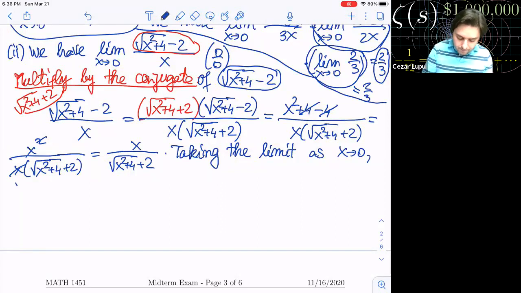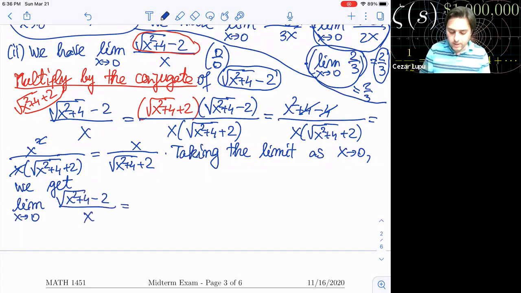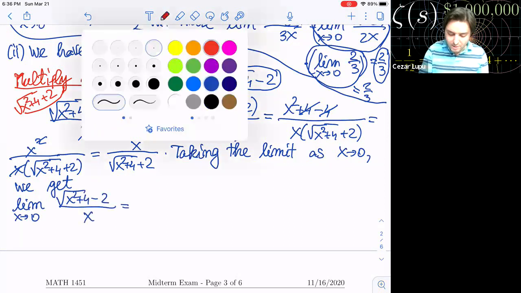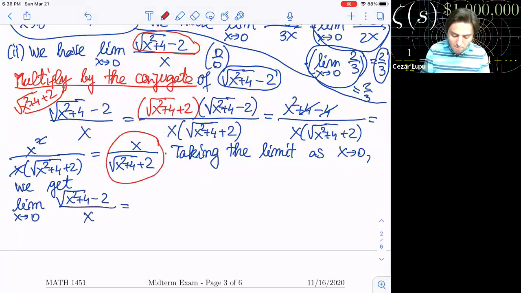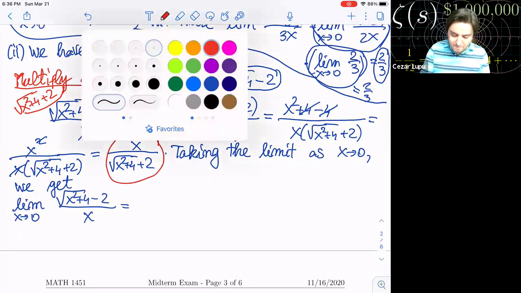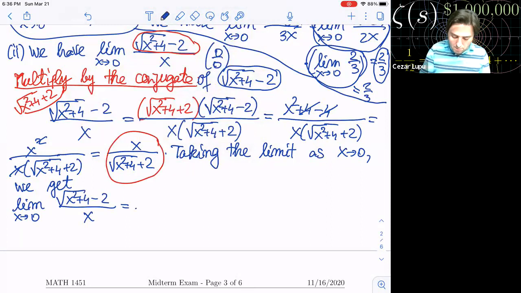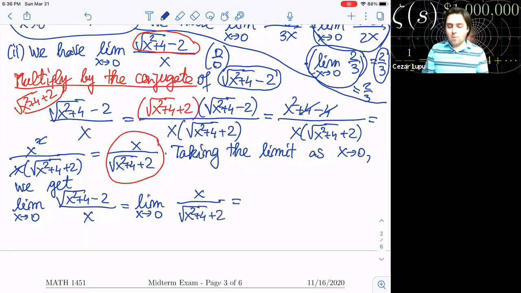The initial limit, the limit as x approaches 0 of the square root of x squared plus 4 minus 2, everything over x, will turn out to be equal to the limit as x approaches 0 of x over the square root of x squared plus 4 plus 2. And now, if we plug in x to be 0, this will give us what?